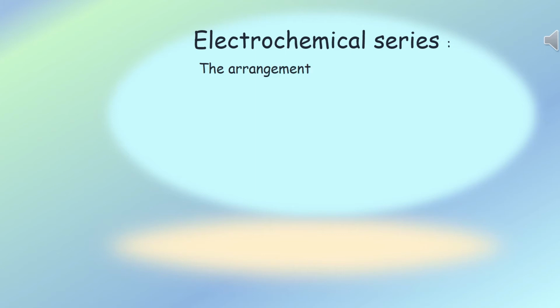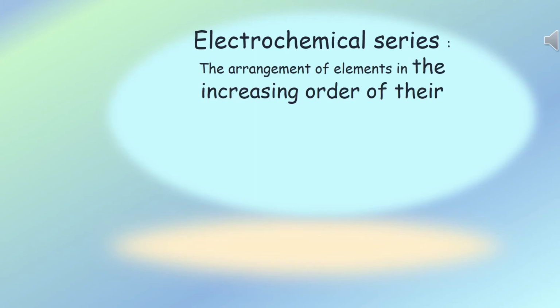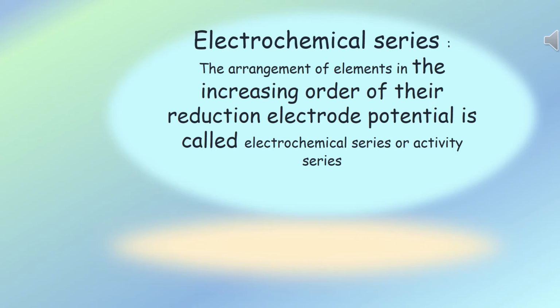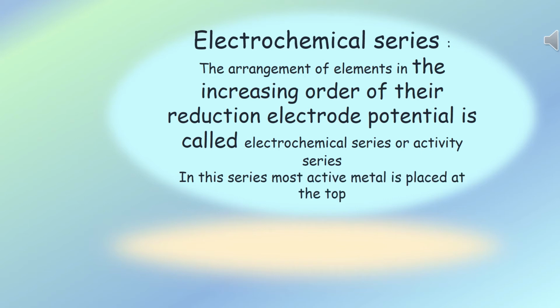The arrangement of elements in the increasing order of their reduction electrode potential is called the electrochemical series or activity series. In this series, the most active metal is placed at the top.